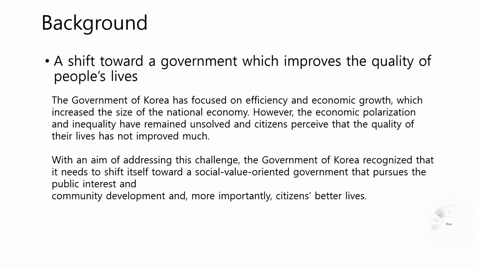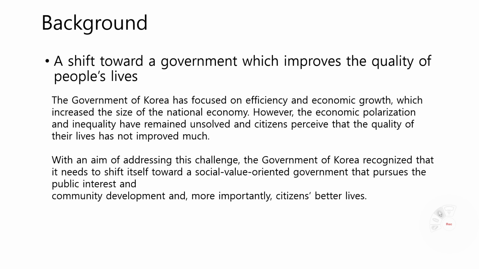Okay, this is the background of our Korean government innovation strategy. First, the shift toward government which improves the quality of people's life. The government of Korea has focused on efficiency and economic growth, which increased the size of the national economy. However, the economic polarization and inequality have remained unsolved and citizens perceive that the quality of their lives has not improved much.